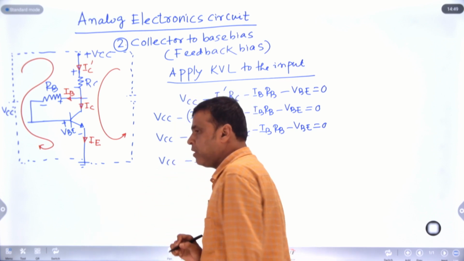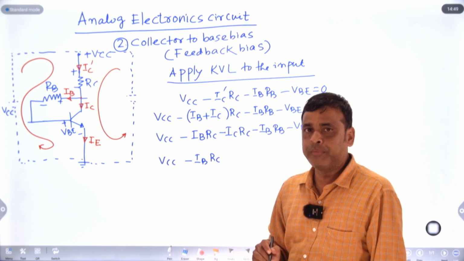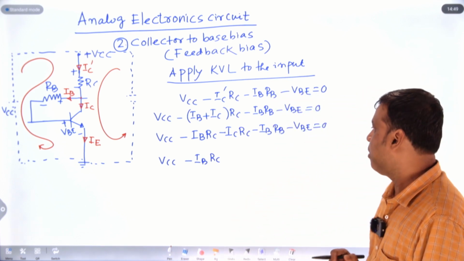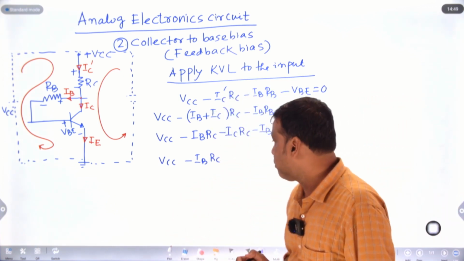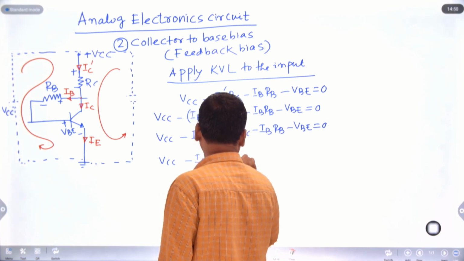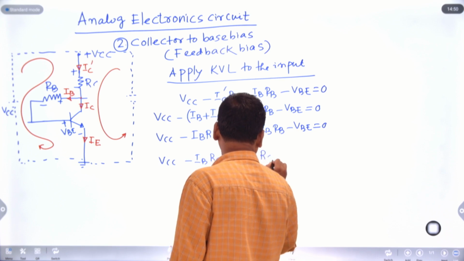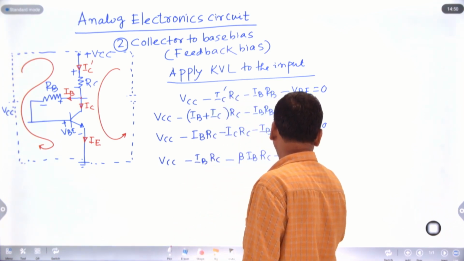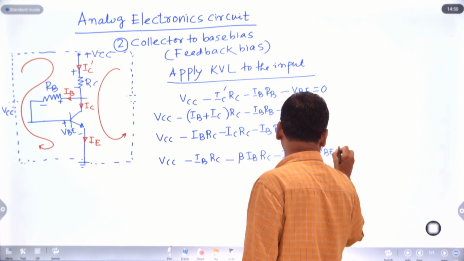In place of IC, you can put IC equal to beta IB, because in a common emitter transistor, beta equals IC by IB. Once you have IB, you can find IC, because IC equals beta IB. So in place of IC, put beta IB into RC, then minus IBRB, then minus VBE equal to 0.